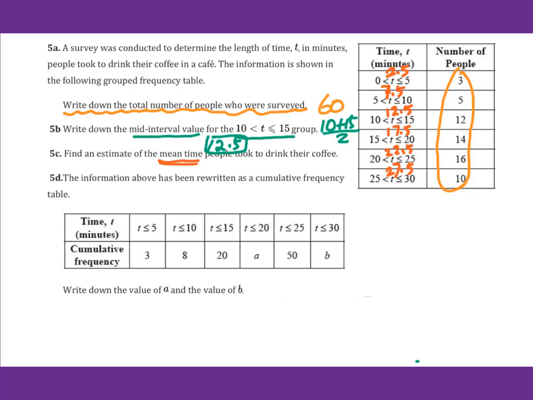Then use this midpoint, you multiply by frequency. Then add them together, divided by the number of people.